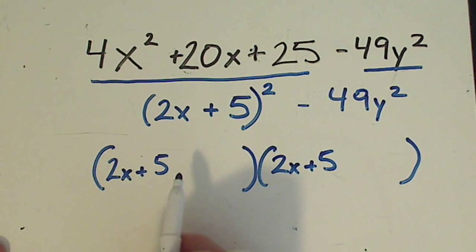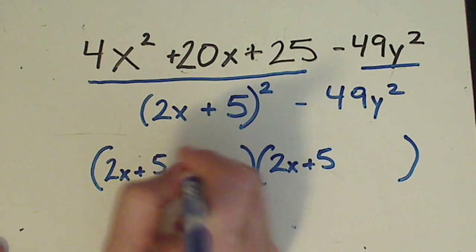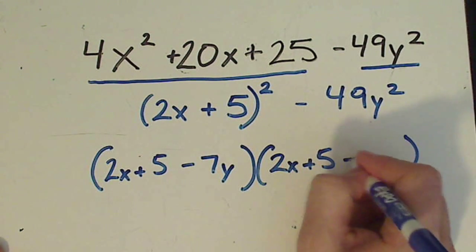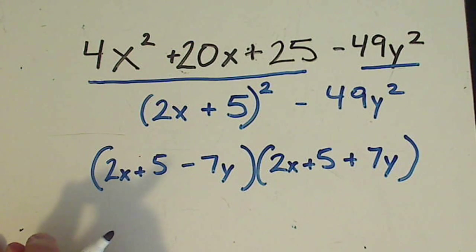And if you recall the formula for difference of squares, you have a minus and then a term, and then plus and then a term, or you can switch it around. It doesn't matter. So it would be minus 7y. Over here it would be plus 7y. And that is it.